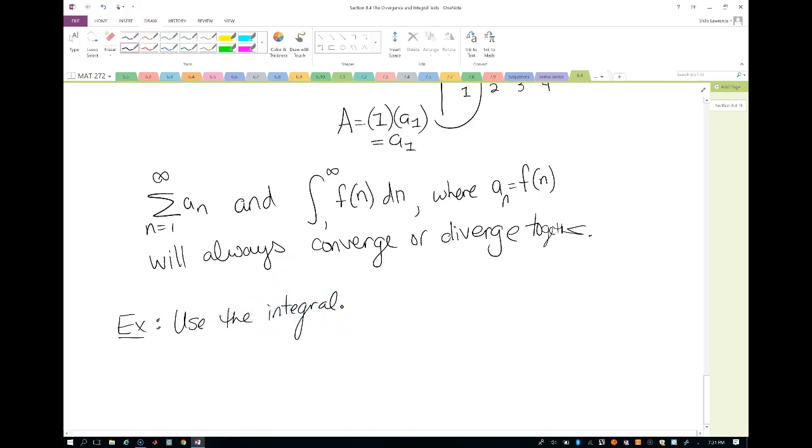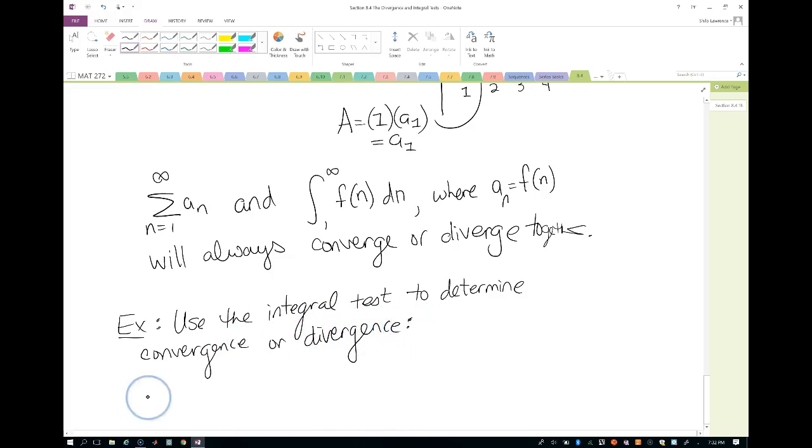So we're going to try this out first on a p-series. The p-series have their own special rules, but all of the p-series can also be determined to be convergent or divergent using an integral test. So let's try our harmonic series first, which was just 1 over n.